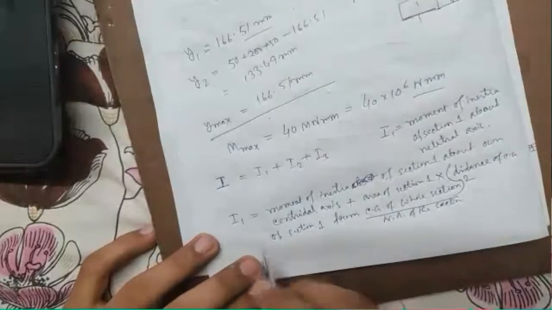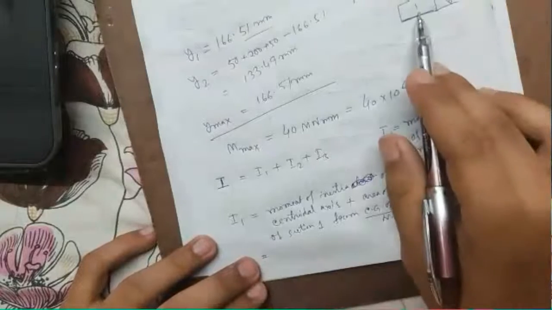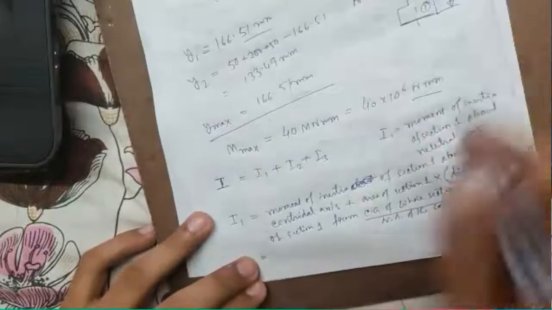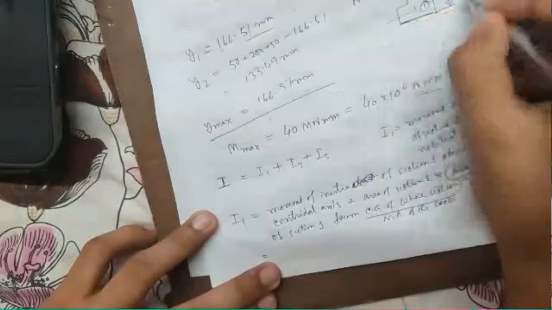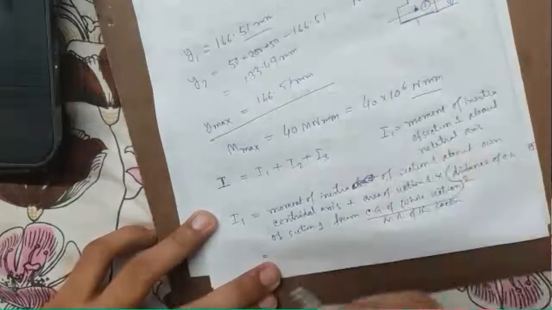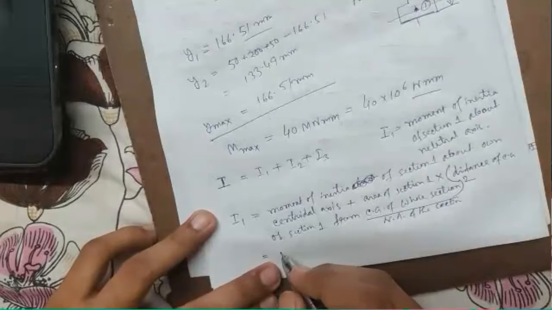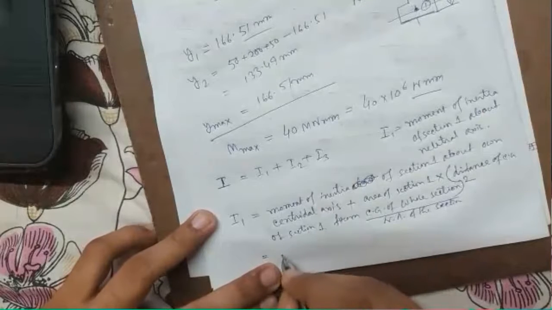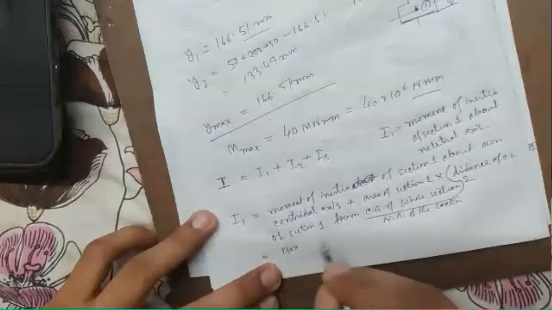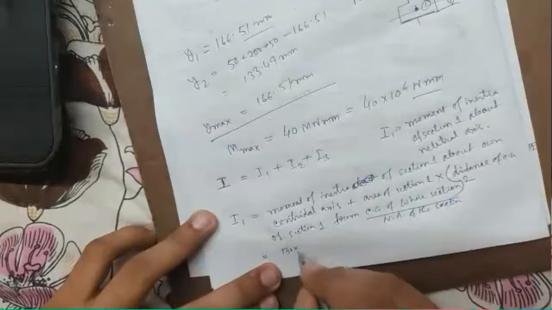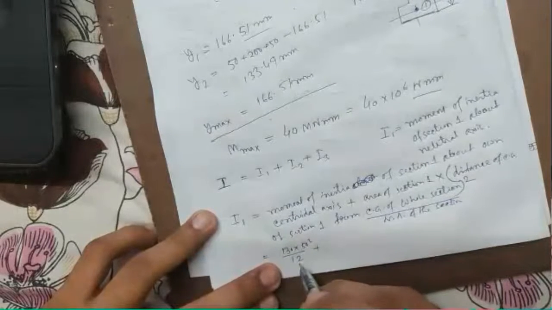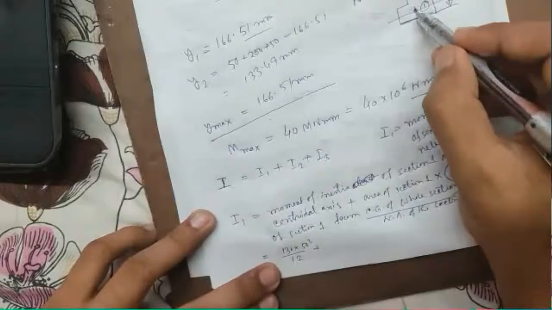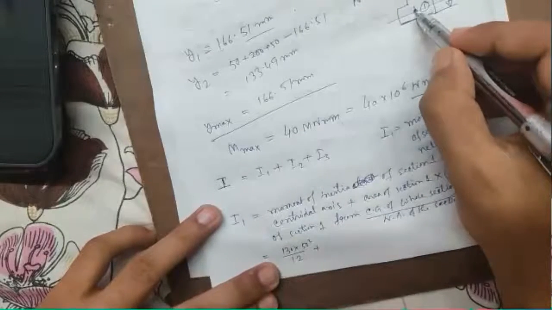Okay, so you just put the values for section 1. This is section 1. B D cube by 12 about the centroidal axis, which is here. So B D cube by 12, B is 130, D is 50. This is the moment of inertia about the CG of section 1.